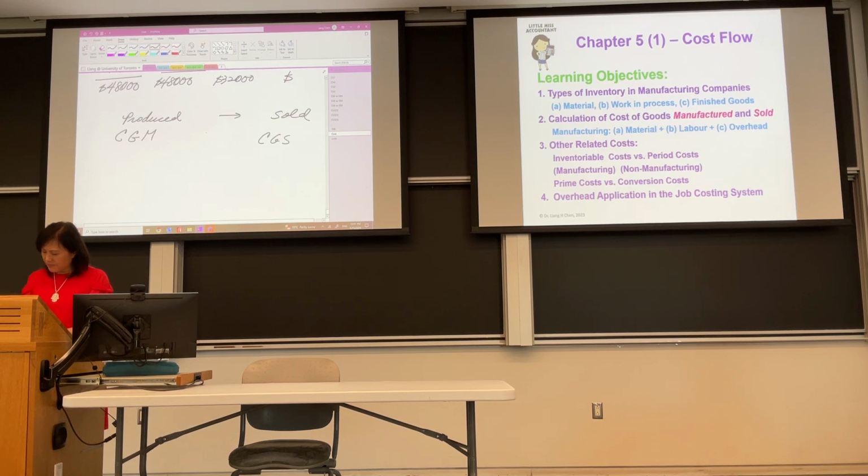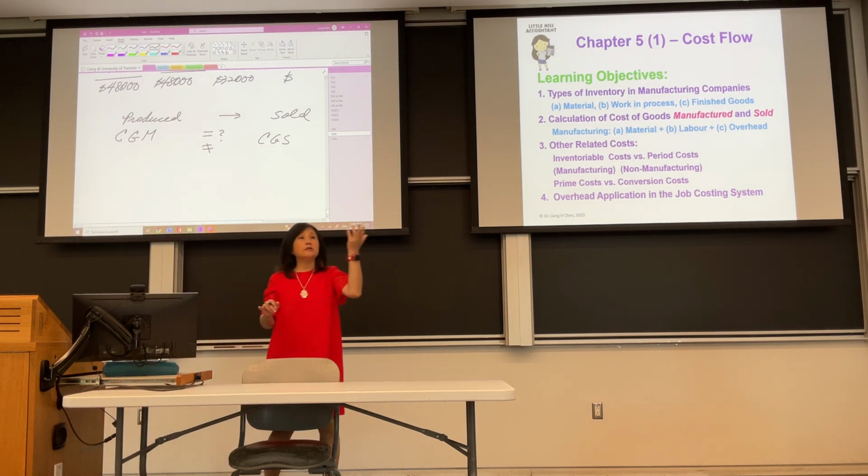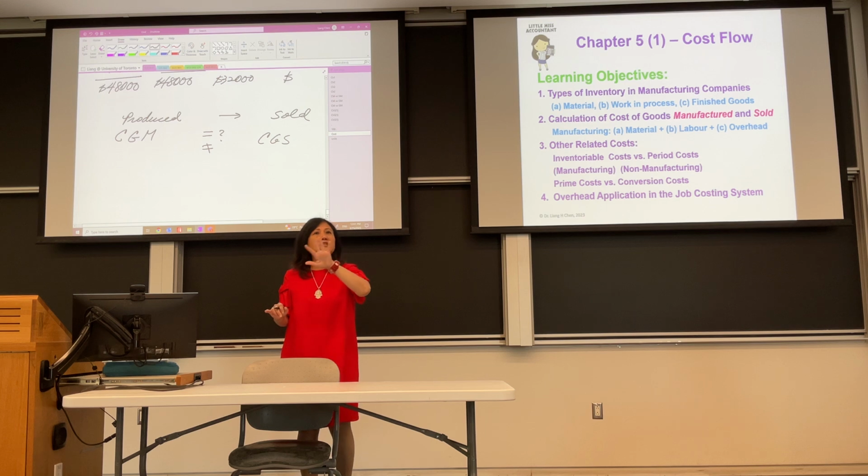Are they the same or different? It can be the same, can be different. Cost of goods manufactured means cost of goods produced. I'm just going to use the units, just easier, okay? Then we can always convert into dollars.